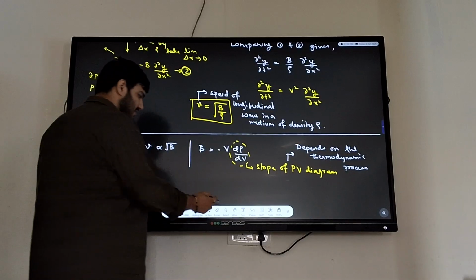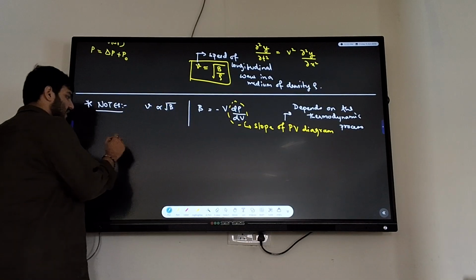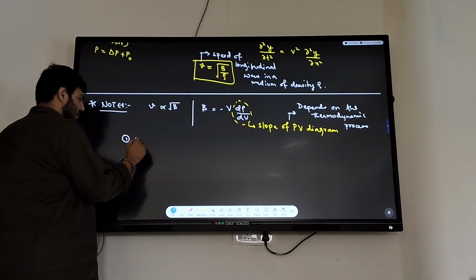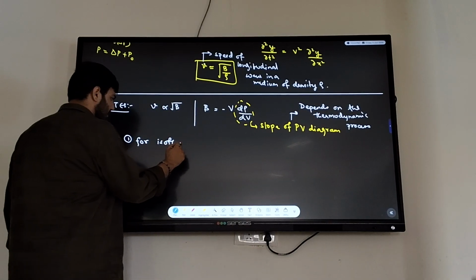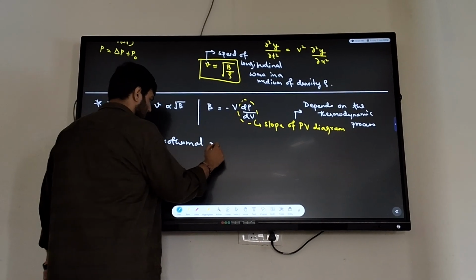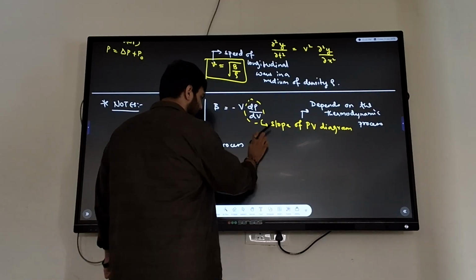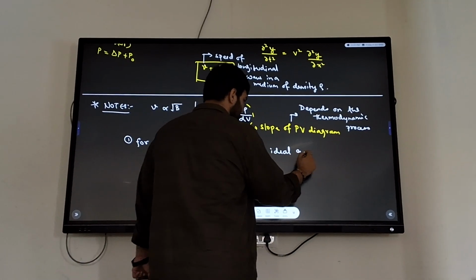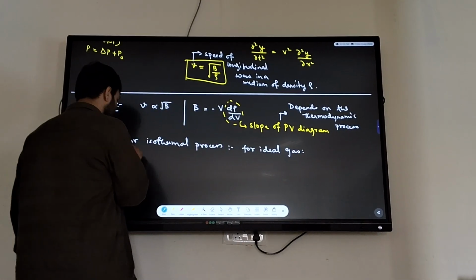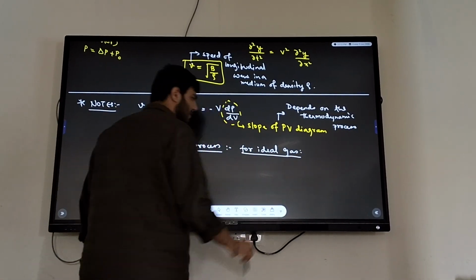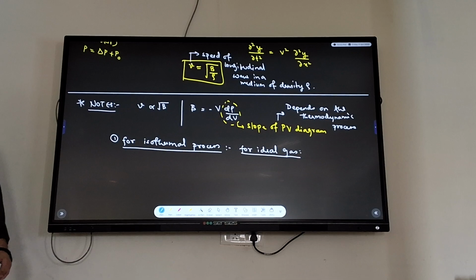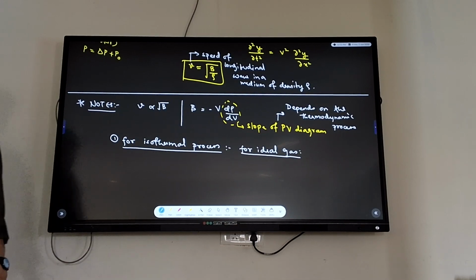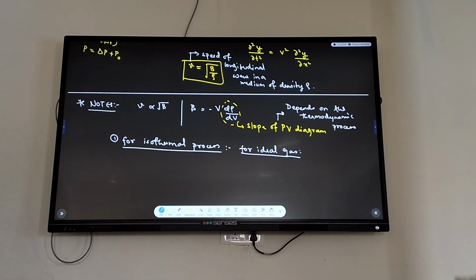Let me talk about, just for fun, an isothermal process, and let's say I'm taking an ideal gas. What is dP by dV for an ideal gas isothermal process? Find it and tell me. Everyone should know this.